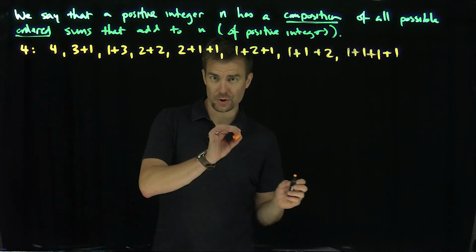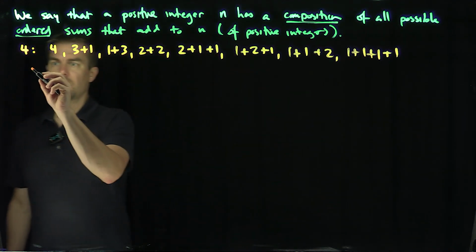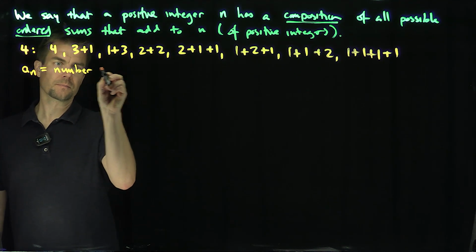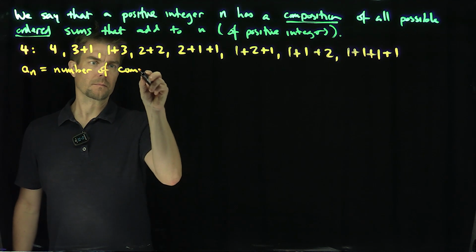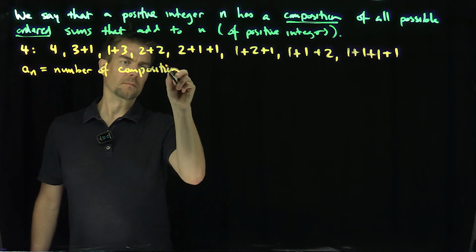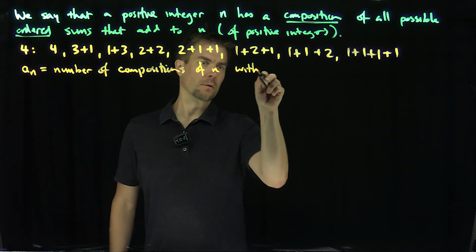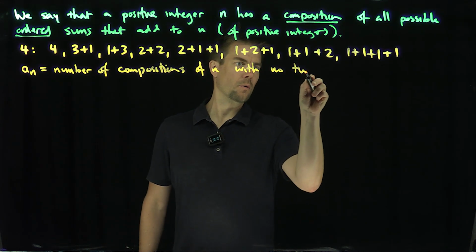Now we're going to look at special subclasses of compositions. Let a_n be the number of compositions of n with no 2 ones in a row.